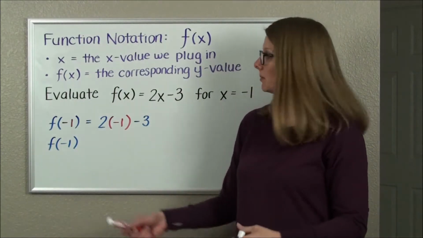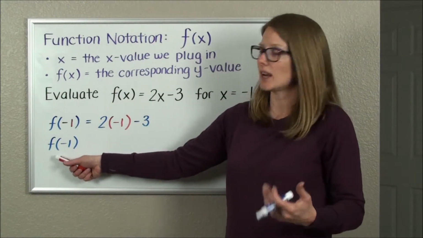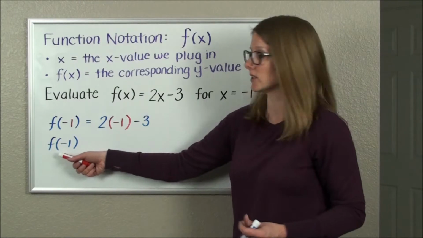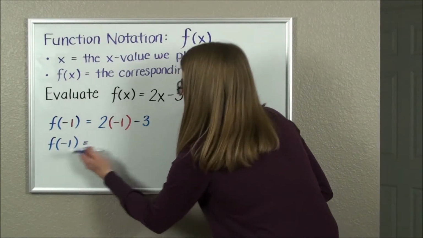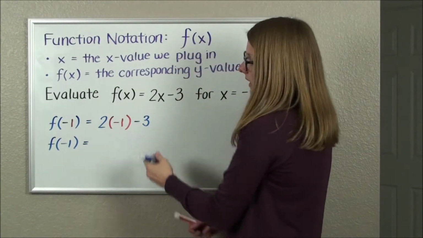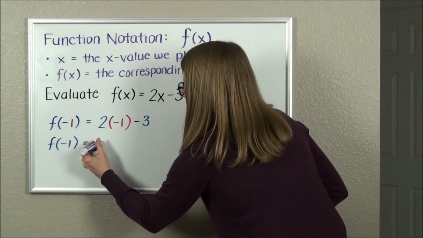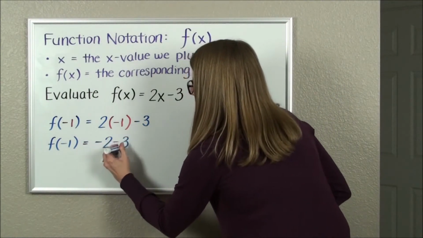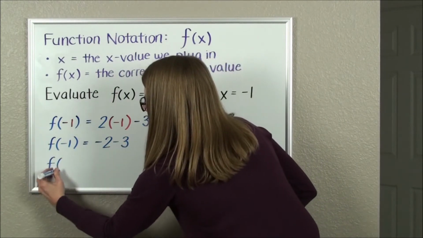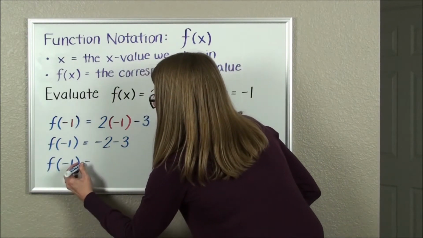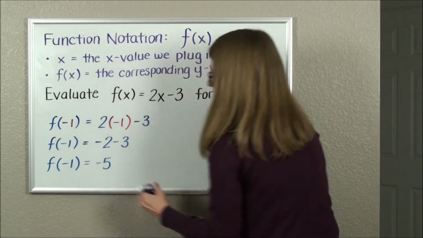So I'm not multiplying. This says f of -1 and it's just its own special symbol. But I will go ahead and do some arithmetic on this side, and I'm going to multiply before I subtract. 2 times -1 is -2. And -2 minus 3 will tell me that f of -1 equals -5.